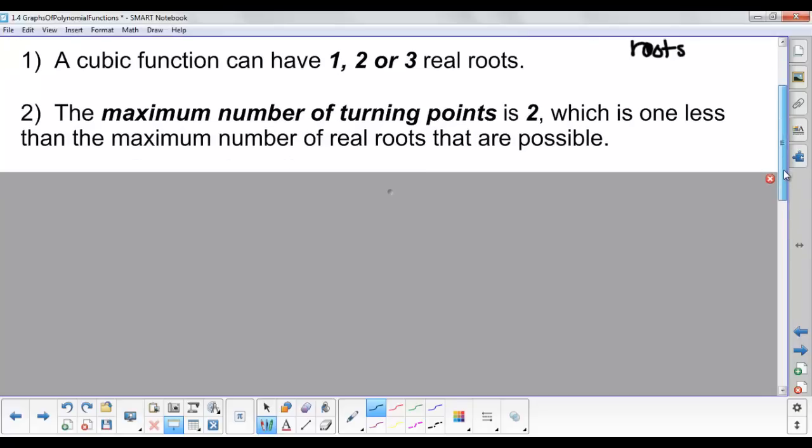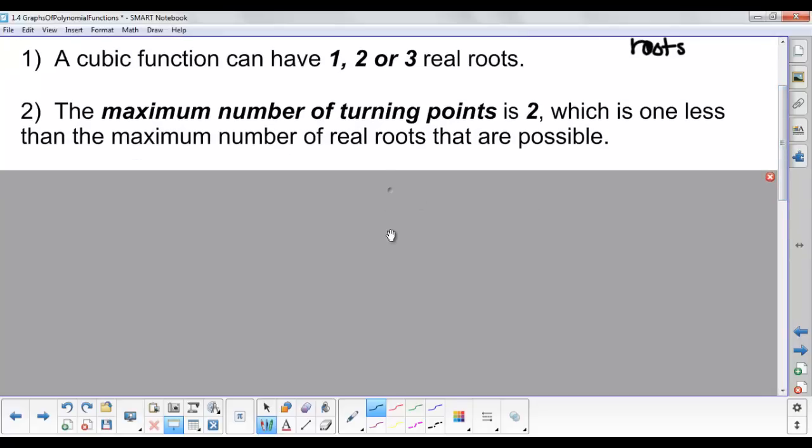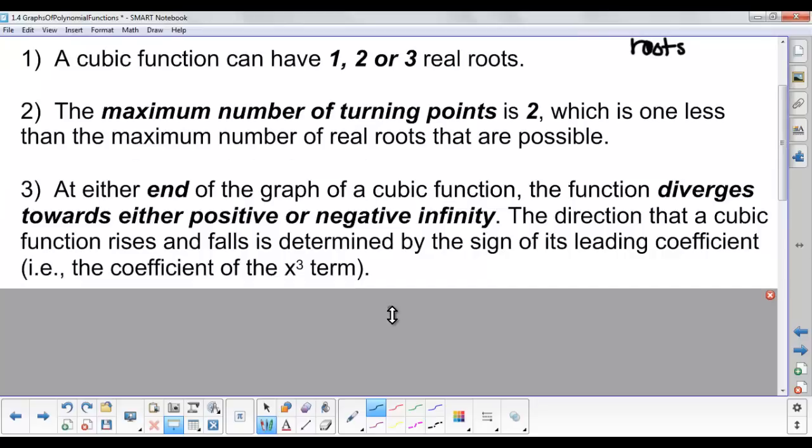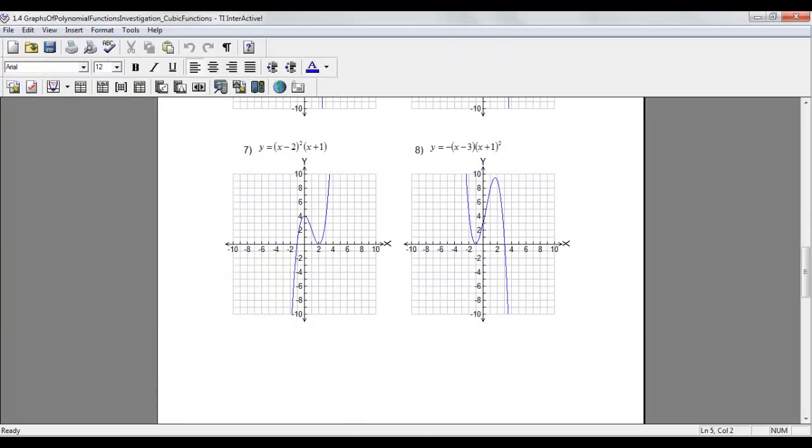So we already talked about how one end diverges towards positive infinity and the other end diverges towards negative infinity. How that's determined is by looking at the sign of the leading coefficient. So again, let's go back to our examples. 7 and 8 are perfect examples. Our leading coefficient here is positive. So in a cubic graph, we will rise to the right and we will fall to the left.